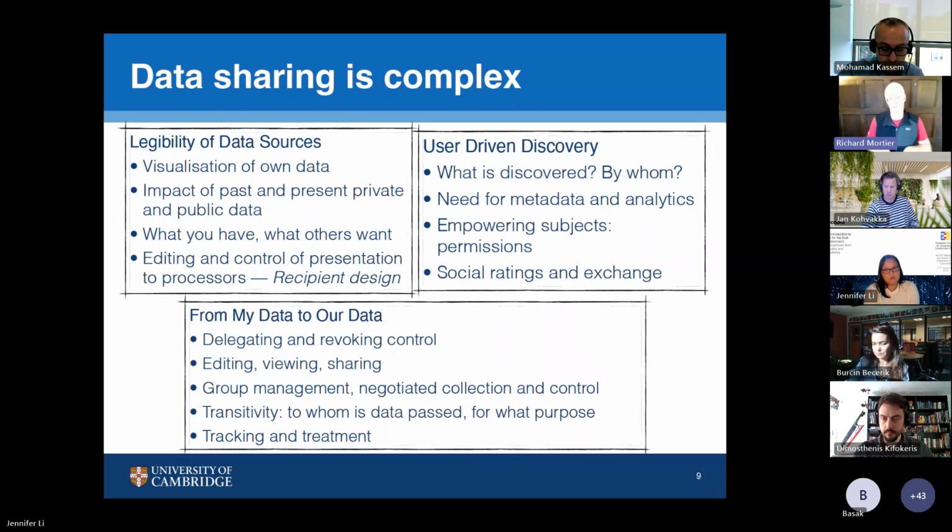And then finally, and this was some of the gnarliest problems that we encountered, was thinking about how we go from data being about me to data being about us. When we stop to think about it, we realize that even most personal data tends not to be about a single person. People think of their email as private, but an email usually has at least one sender and at least one recipient, so it's already involving at least two people.